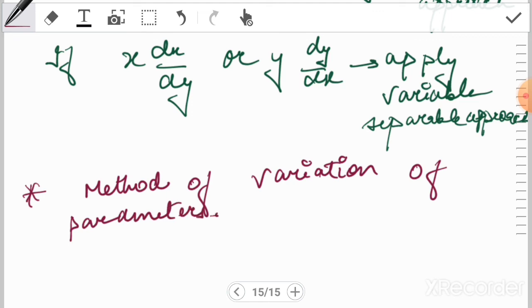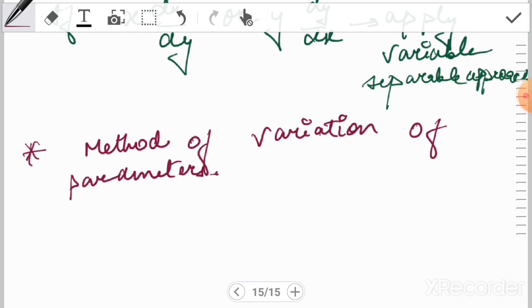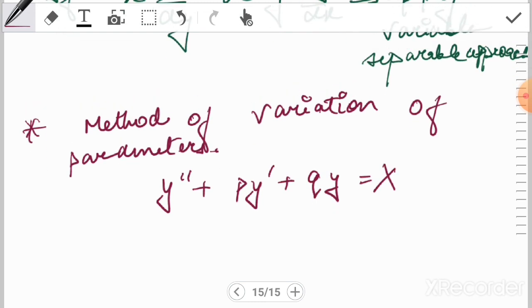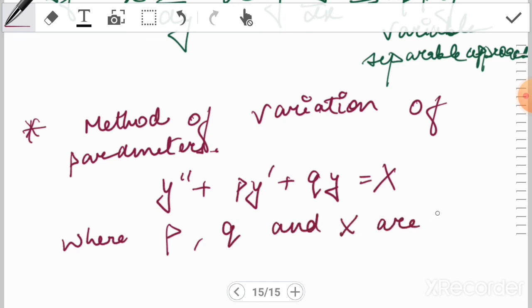This method is quite general and applies to equation of the form y double dash plus p y dash plus q y is equal to X, where p, q and X are functions of x.